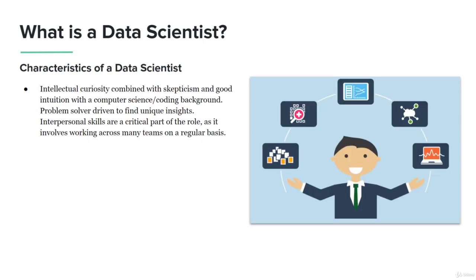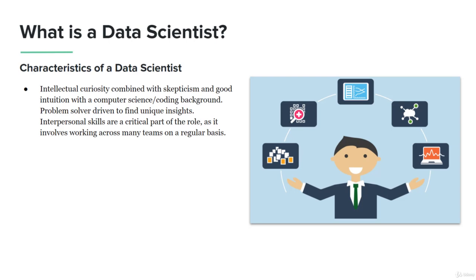Okay, so let's look at some characteristics of a data scientist. Individuals that typically make the best data scientists are intellectually curious, combined with skepticism and good intuition, with a computer science coding background. Often they are very analytical, like to break things down into small parts, and can look at things in a sequential, analytical and abstract way.